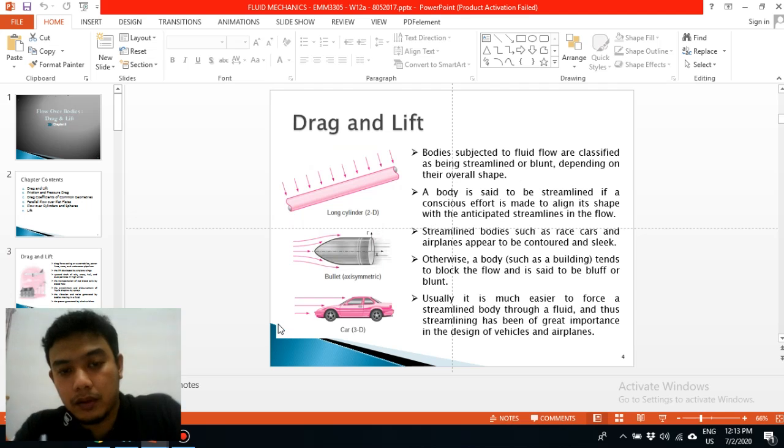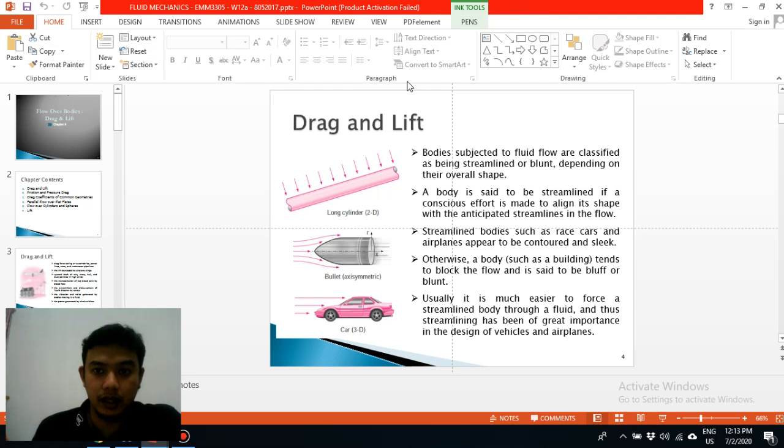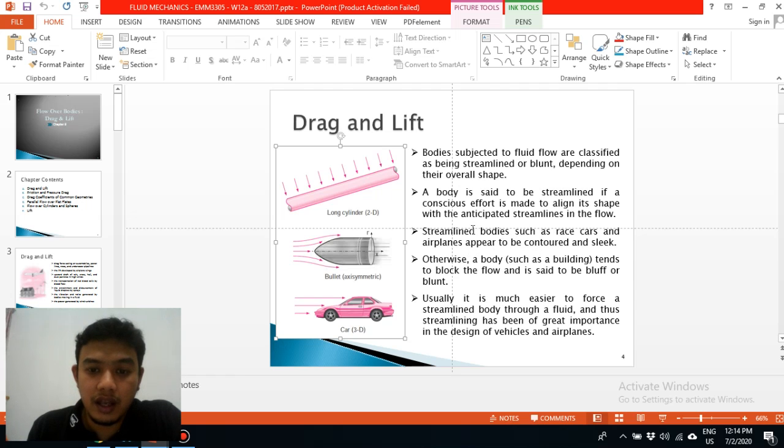Drag and lift are also related to bodies subjected to fluid flow, which are classified as streamlined or blunt depending on the overall shape. For example, we can see here a long 2D cylinder, a blunt asymmetric bullet shape, and a 3D car. Streamlined bodies such as race cars and airplanes appear contoured and sleek, while others such as buildings tend to block the flow and are said to be bluff or blunt.